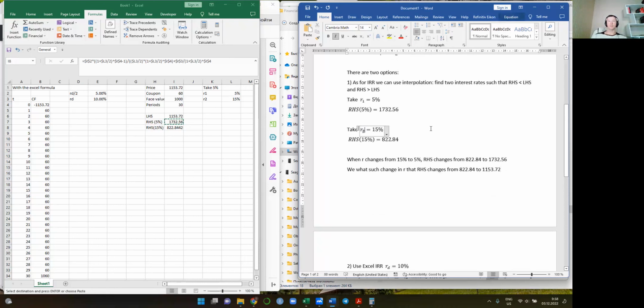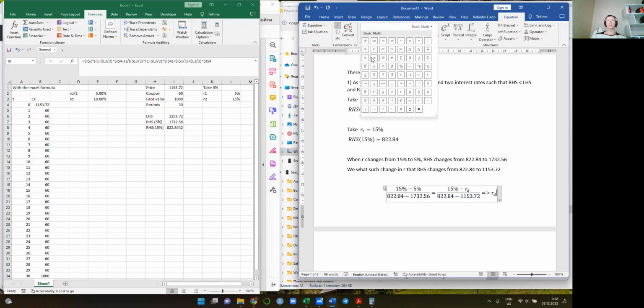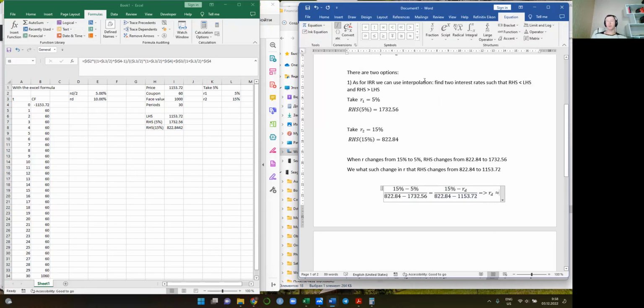And we build a proportion. So the proportion is simple, 15% minus 5% divided by 82284 minus 173256 must be equal to 15% minus RD, whatever we need to compute, divided by 82284 minus 115372. So from here, RD is approximately equal, because again, it is not exactly equal, we approximate, to 15%.